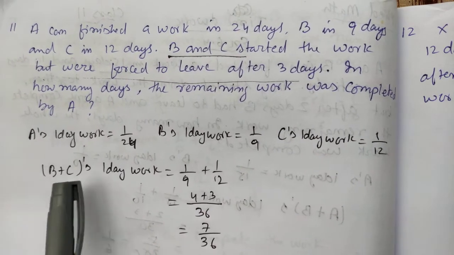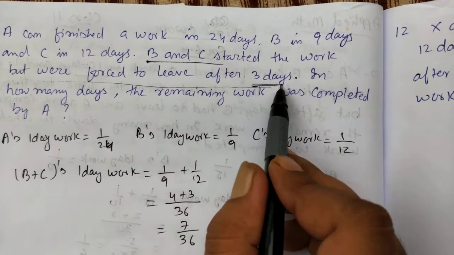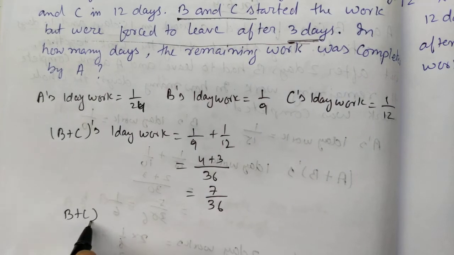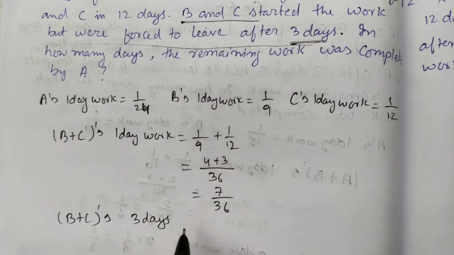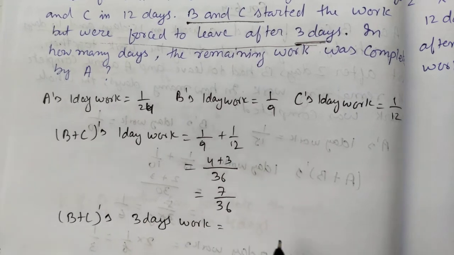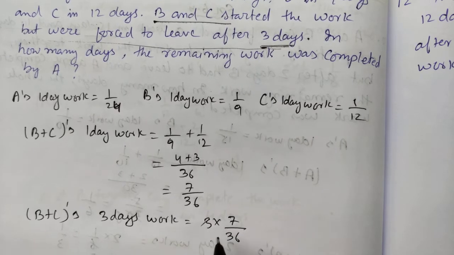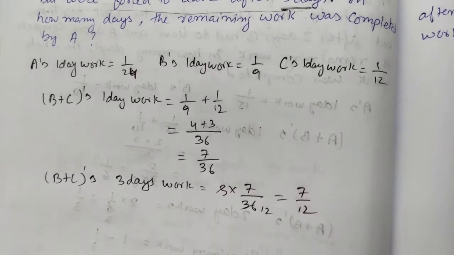This is the combined work of B and C. They have worked together 3 days, so 3 into 7 by 36. We can cancel. We're getting 7 by 12.